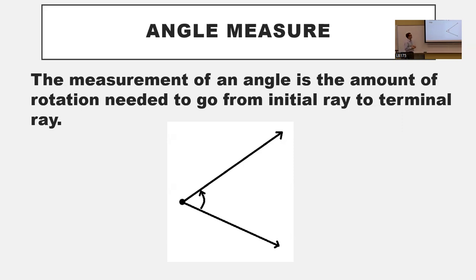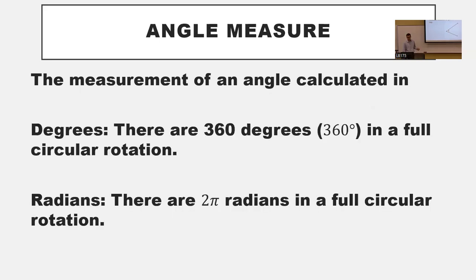So we have to designate one of these rays as our initial and one of them is terminal, and how much rotation it takes from that ray to rotate up and become the other ray is our measurement of the angle. So it's a measure of rotation in this case.